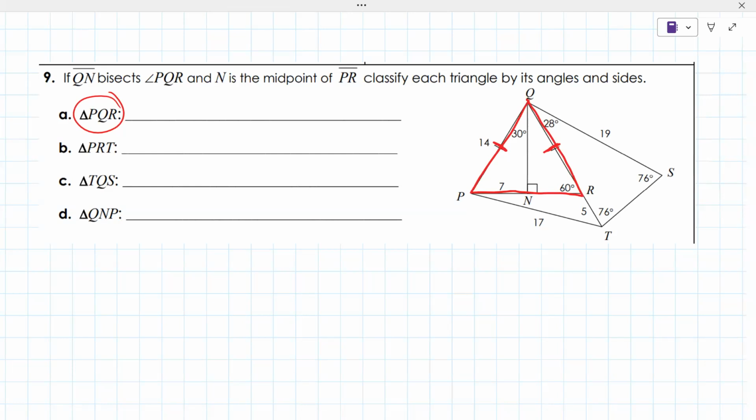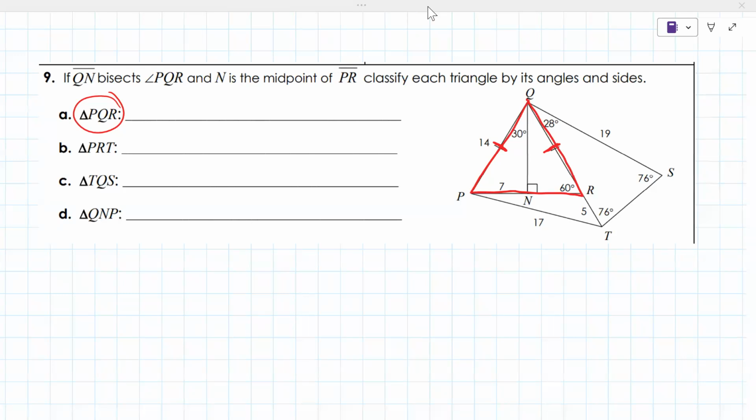It's a right angle because of the square. That's not part of the triangle. You can only look at the red. Oh, no, it's an acute. I thought it was possibly acute, because the 30 and the 60.